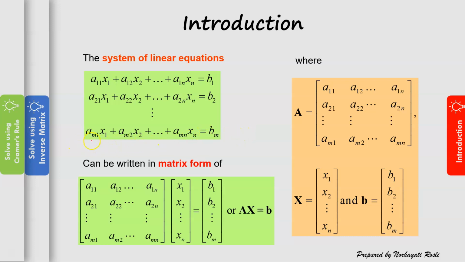Means that here we have am1x1 plus am2x2 plus dot dot dot plus up to amnxn equal to bm.